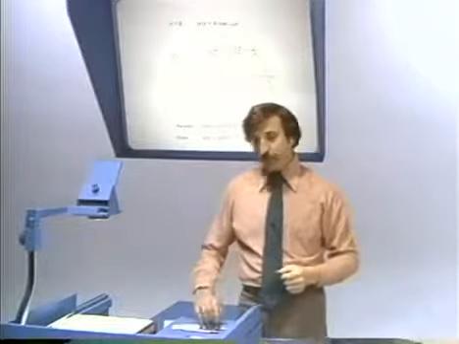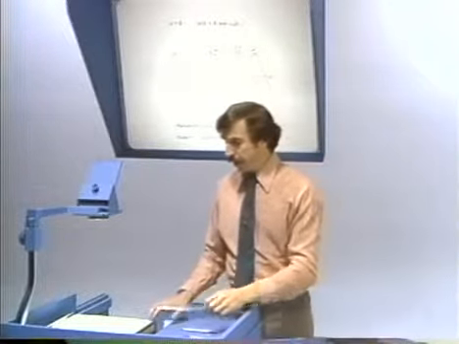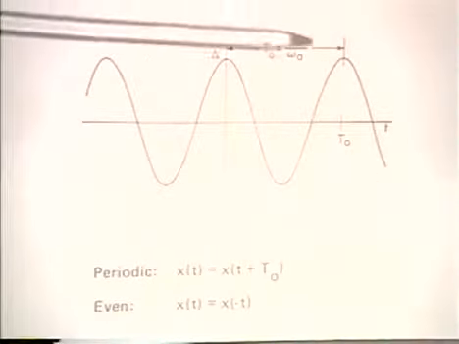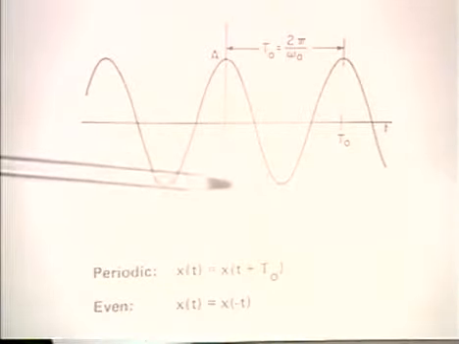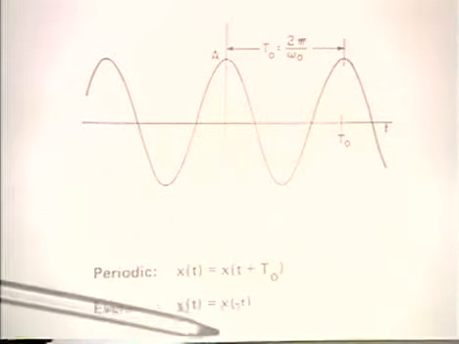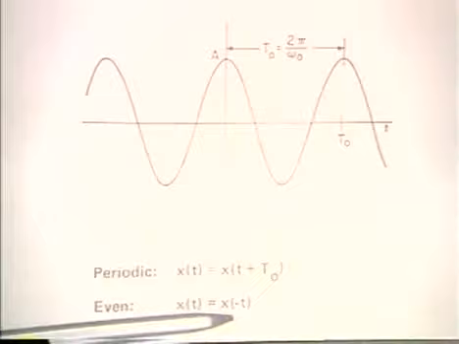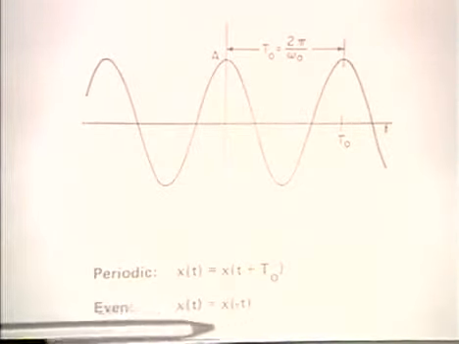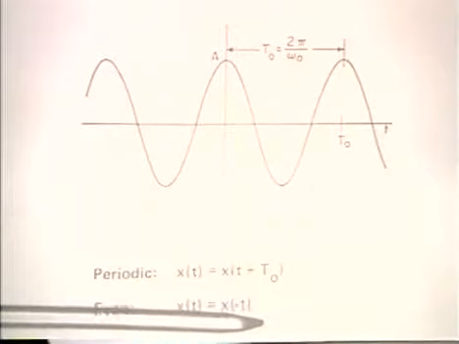So it's symmetric about the origin. And looking at this sinusoid, that in fact has that property, and mathematically, the statement that it's even is equivalent to the statement that if we replace the time argument by its negative, the function itself doesn't change.